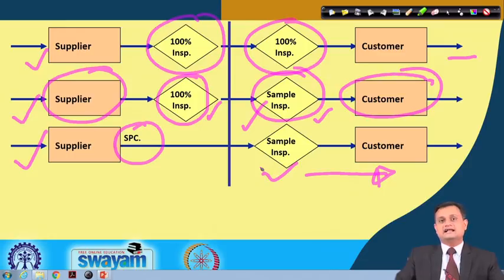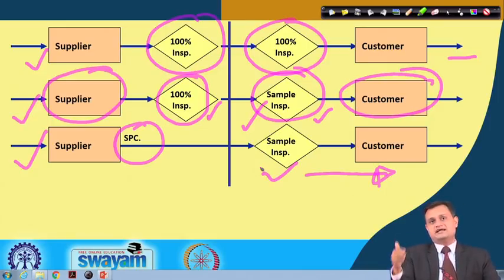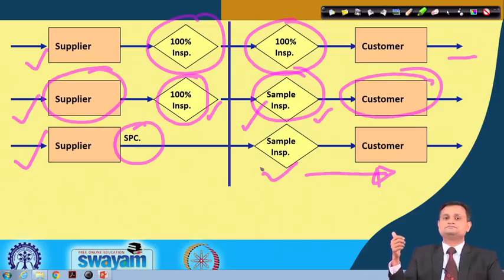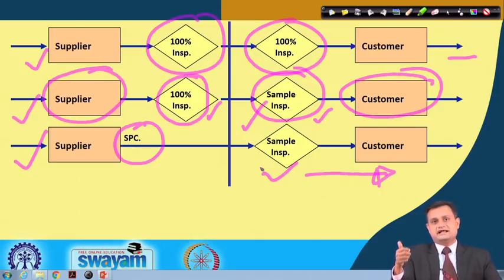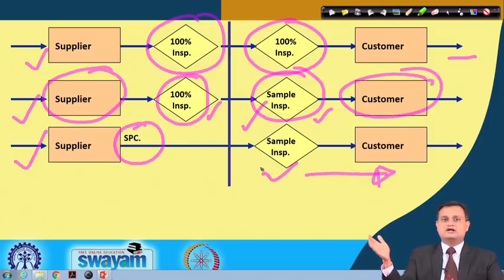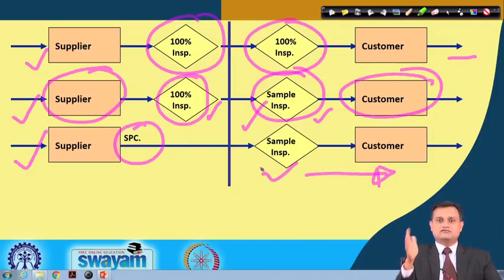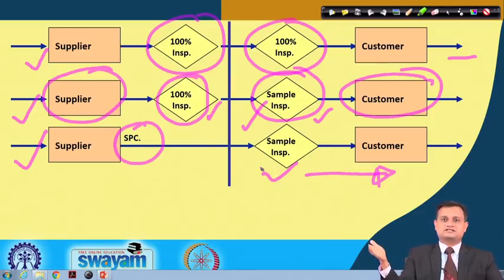I need to devise my sampling plan in such a way that it really has good discriminatory power. It means it should be able to discriminate, separate out the good lot from the bad lot and give me the right information. If I can design such a system, a sampling plan, then I can avoid doing 100% inspection.